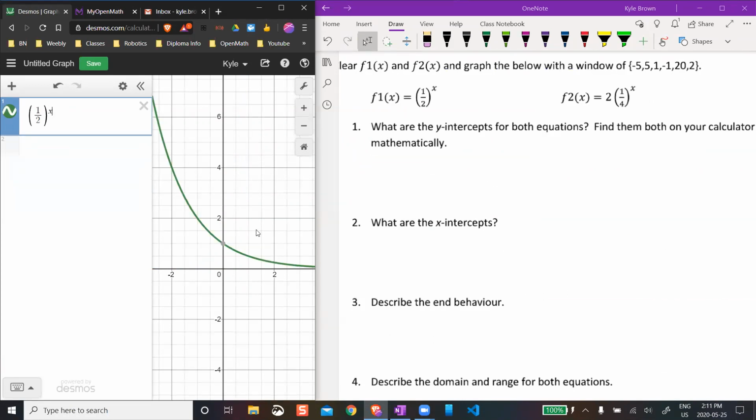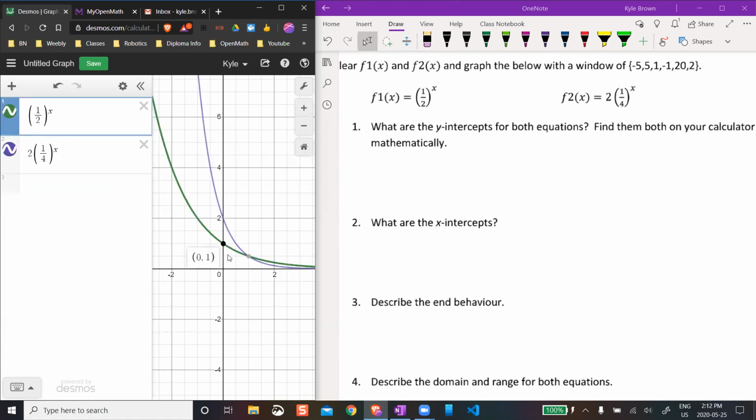All right, so that changed things a bit, right? And let's do the other one while we're at it: 2 times 1/4 to the power of x. Okay, so how does that change things?